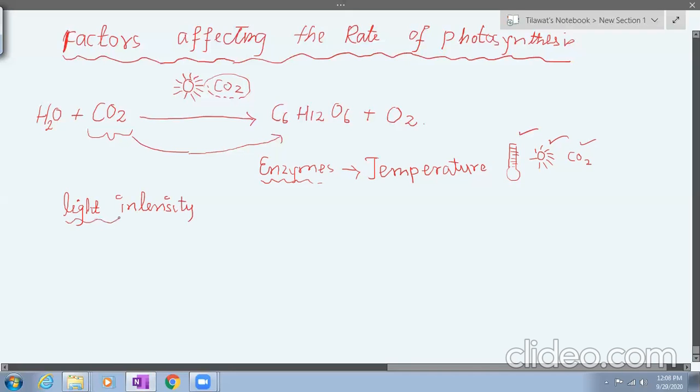Light intensity, sunlight: if the sunlight does not have much intensity, if it is not very bright, that can affect your rate of photosynthesis. Because the sunlight is needed for what? Light intensity is needed for electron excitation from chlorophyll.